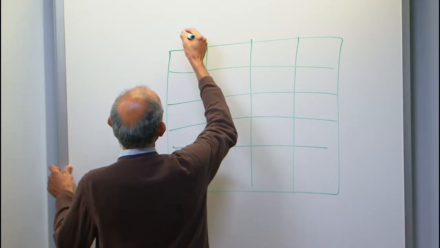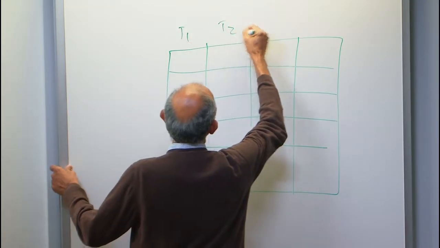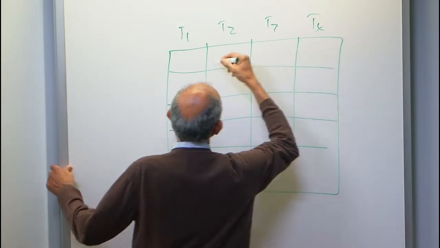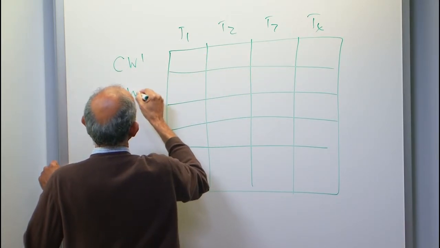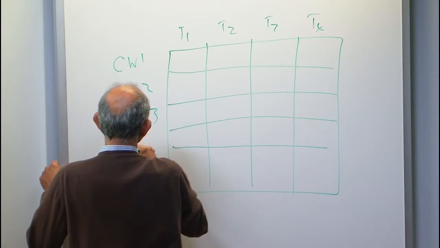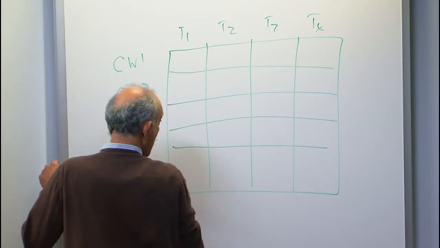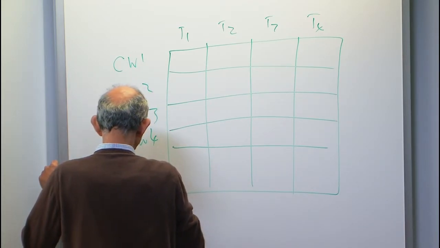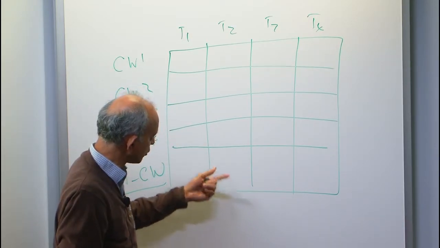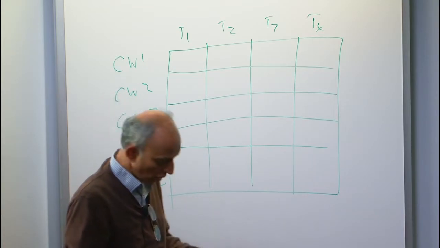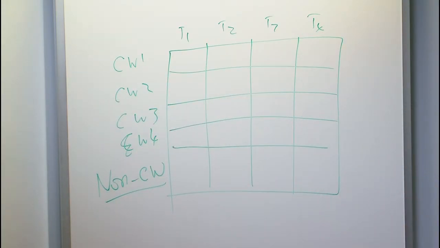So this is topic 1, topic 2, topic 3, topic 4. These are documents dominant in that. These are catchwords for topic 1, 2, 3, 4. And there are a lot of non-catchwords. And this is very important because empirically one observes that quite a lot of words have a small number of occurrences.